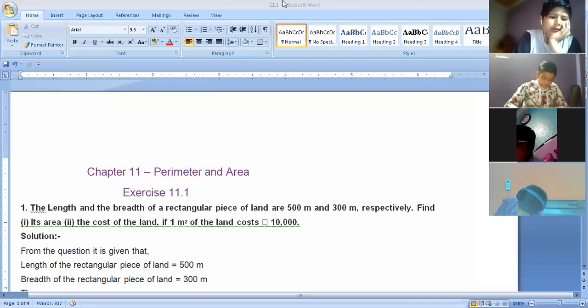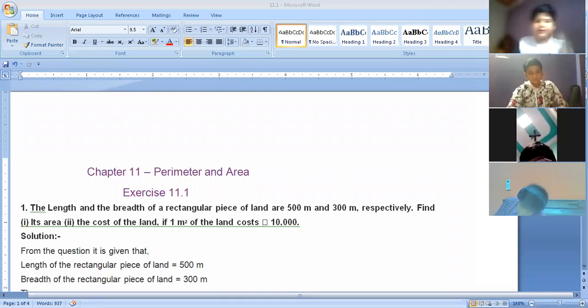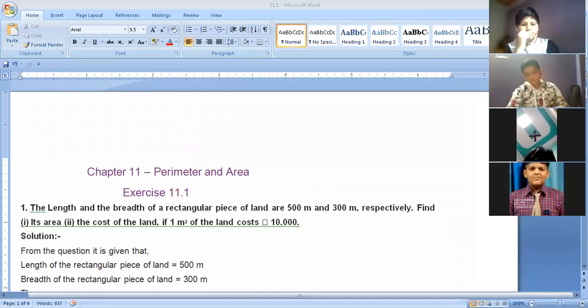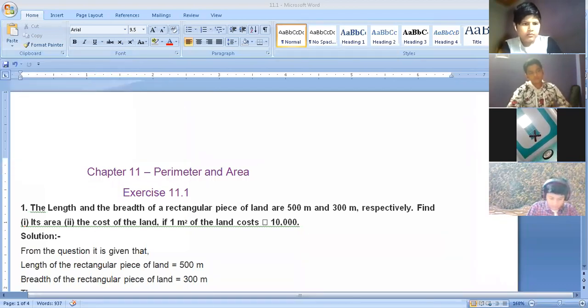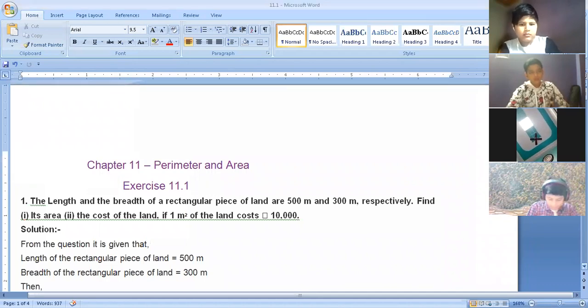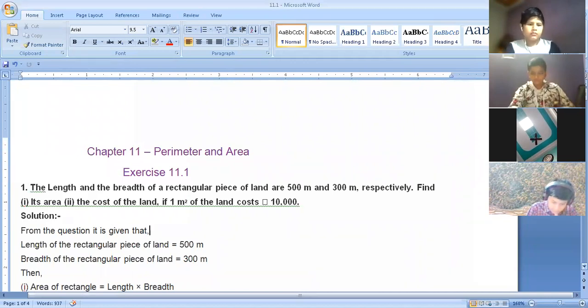Area of the piece of land is equal to, what is the formula? Yes, Mukul Jain, you're right. Length into breadth is the formula. Area of a rectangle is length into breadth. Absolutely correct. Multiply length into breadth. How much are you getting?